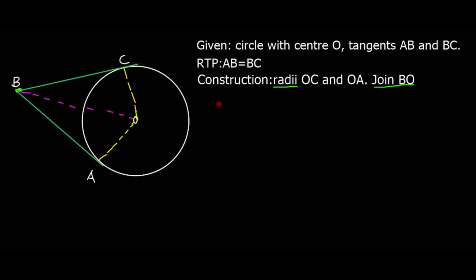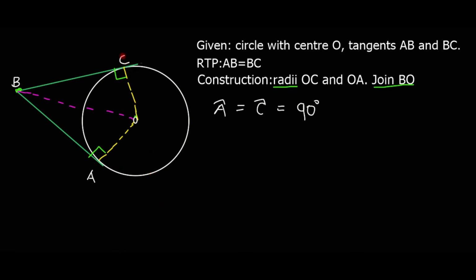The first thing here, I will say angle A equals angle C equals 90 degrees. The reason I say our angle C is 90 degrees and our angle A is 90 degrees is because of that theorem we explained, that when a radius touches a tangent, it creates 90 degrees, meaning perpendicular. We discussed that recently.